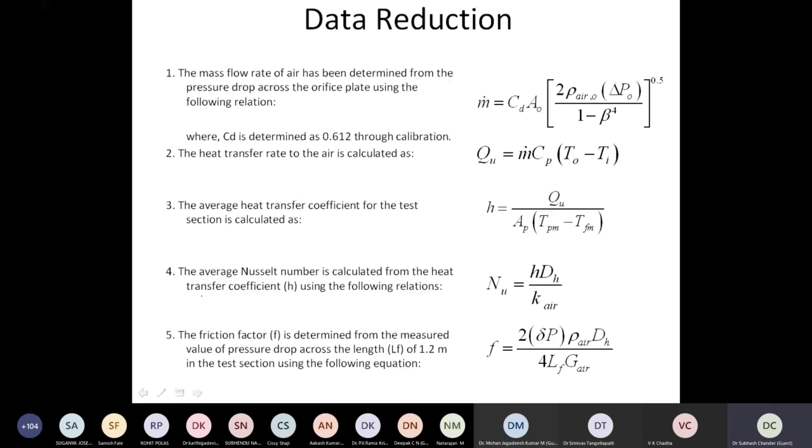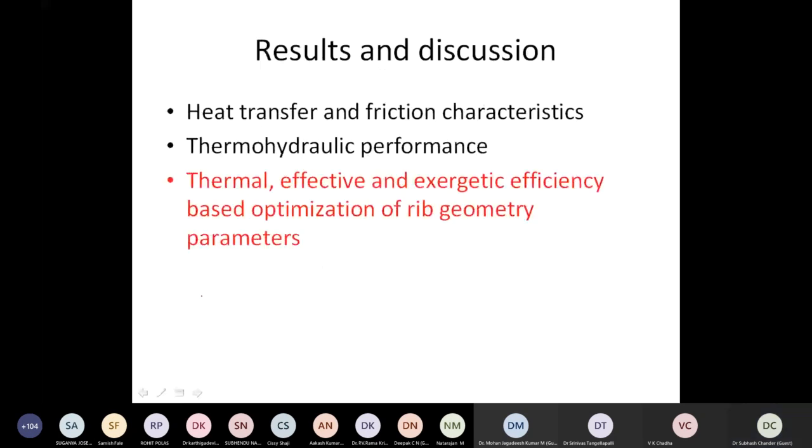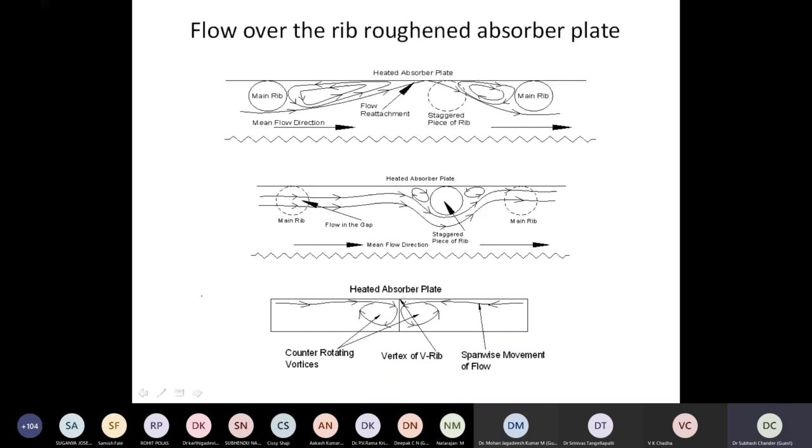So 15 minutes, so I will hurriedly show you these slides. This is what we perceived as the speculated flow behavior around the main rib and the staggered rib. We are expecting that the flow over the rib will get deflected and reattach over the surface, creating some reattachment.